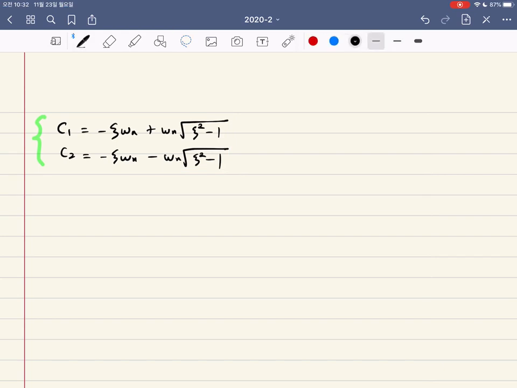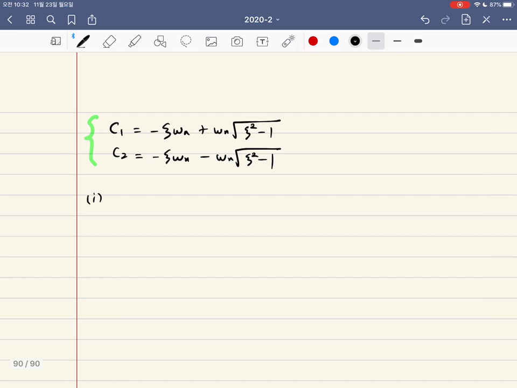Okay, so for the first case, let's assume first that the value of zeta exists between 0 and 1.